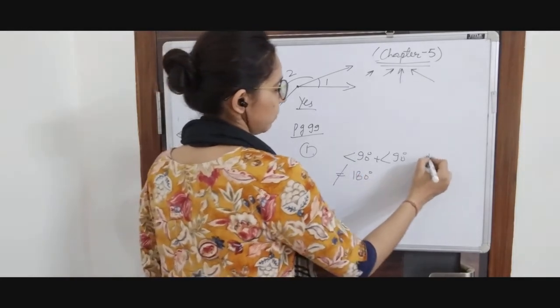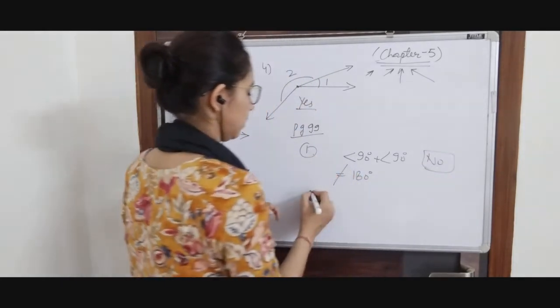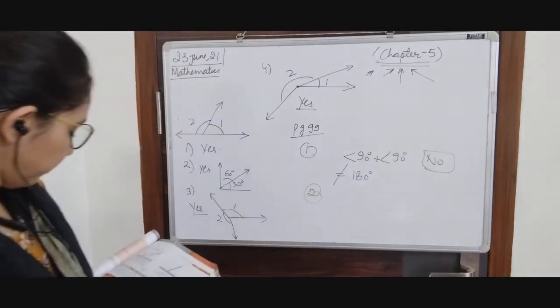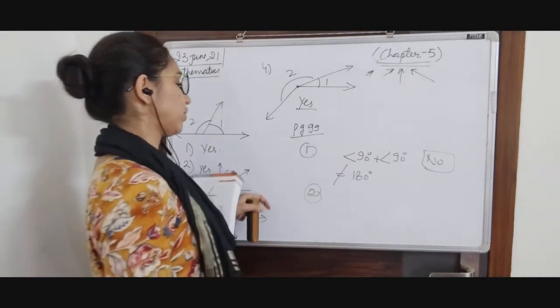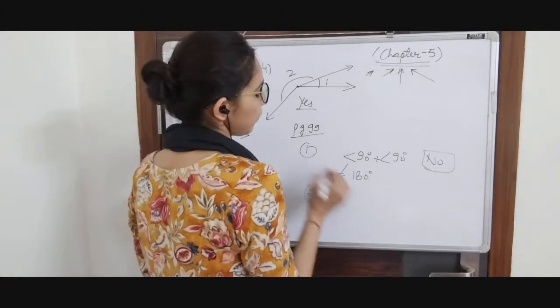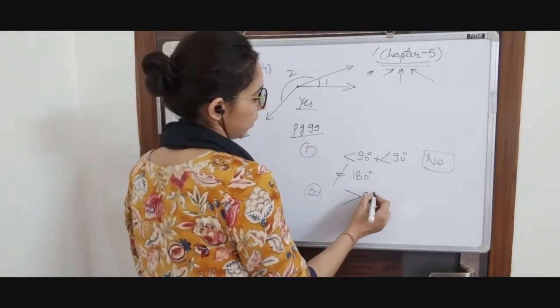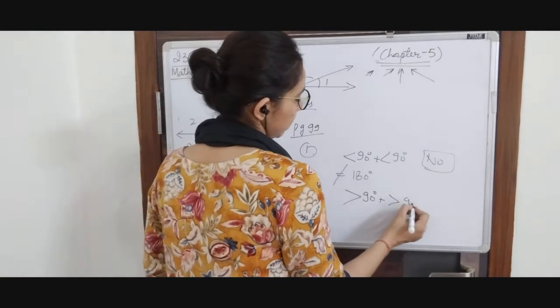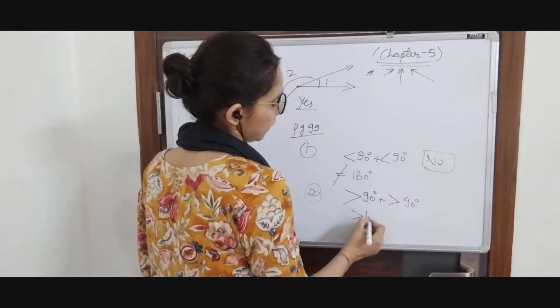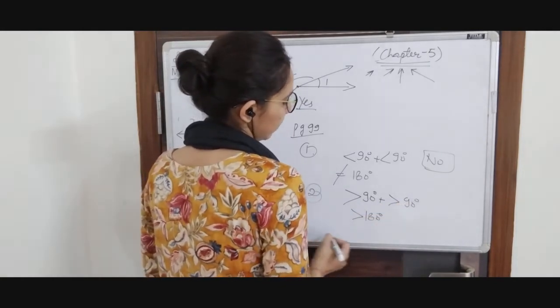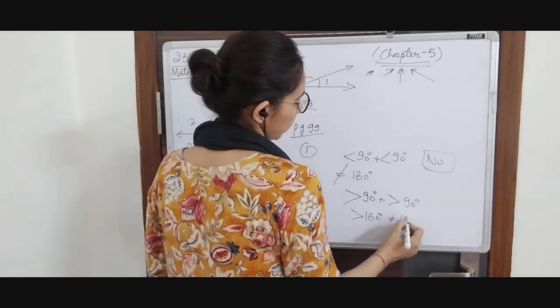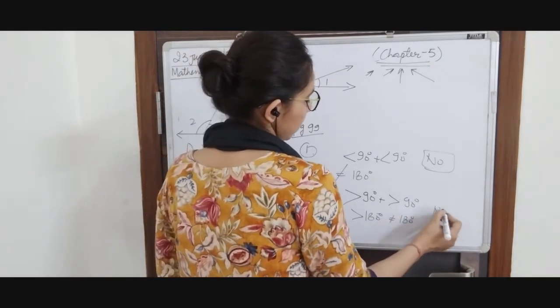No. So the answer will be no. Second, can two obtuse angles form a linear pair? No, because each is greater than 90 degrees, the sum will always be greater than 180 degrees. So not 180. Again the answer is no.